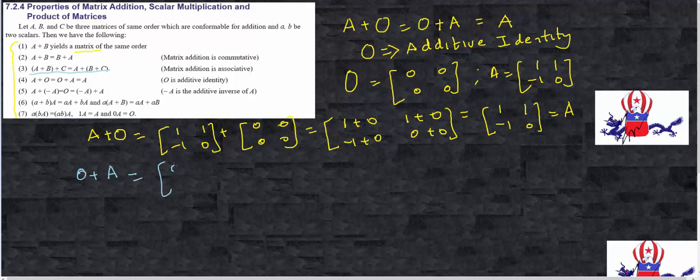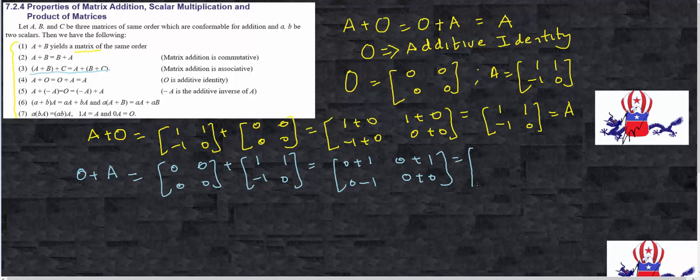Now on the contrary, we are going to be finding out what happens when 0 is added with A. So the matrix 0, 0, 0, 0 added with 1, 1, negative 1, and 0 can be rewritten as 0 added with 1, 0 added with 1, 0 added with negative 1, and 0 added with 0.